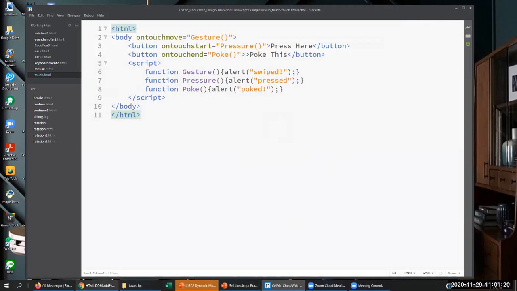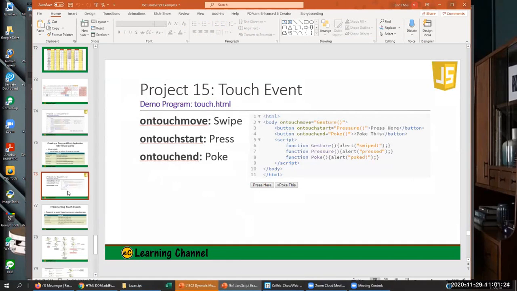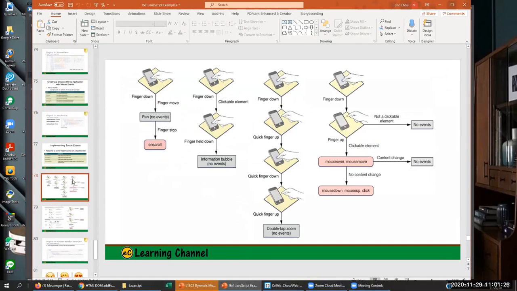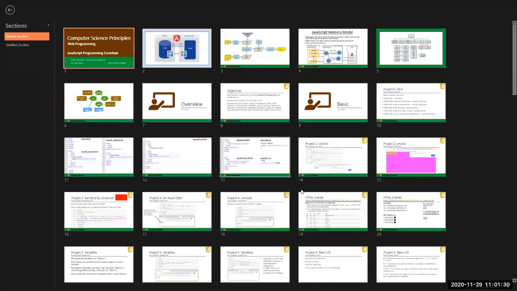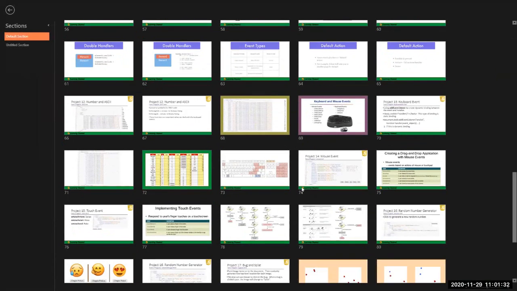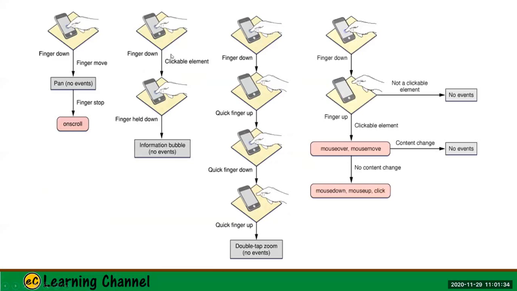Based on these different basic functions, you should create your own behavioral model for the touch screen. This behavioral model includes how I swipe in different ways.